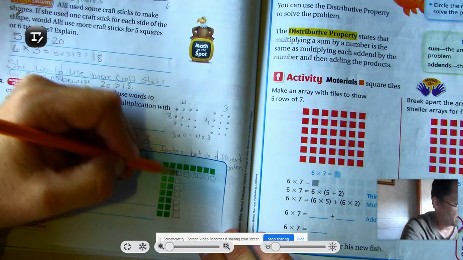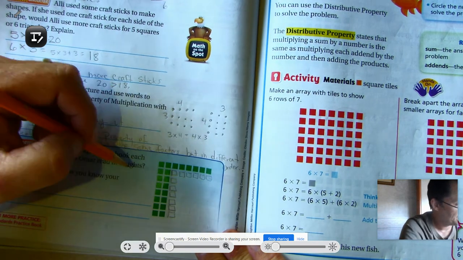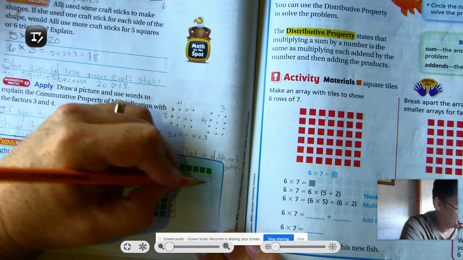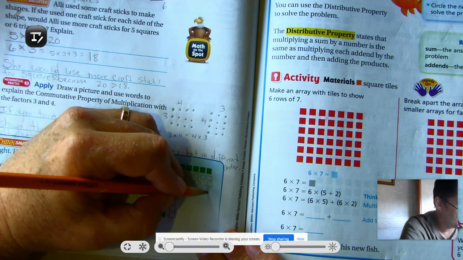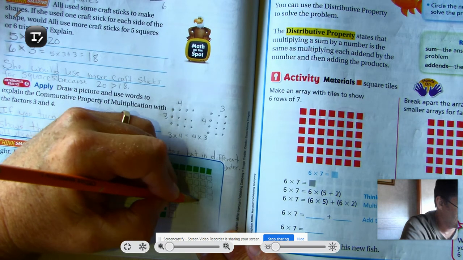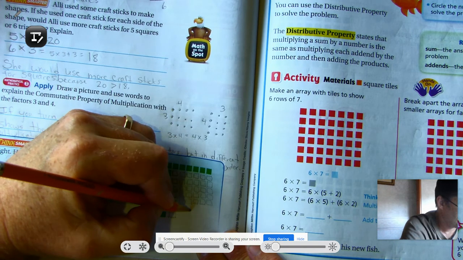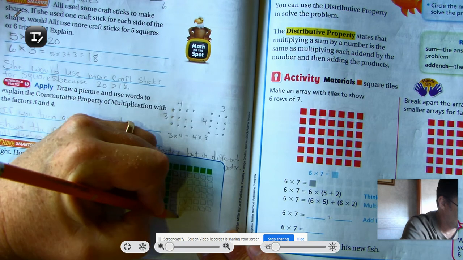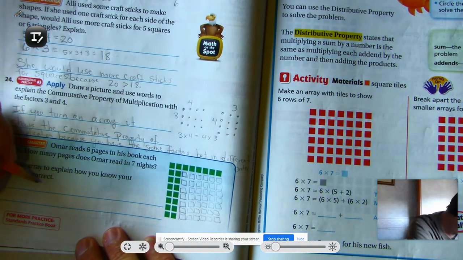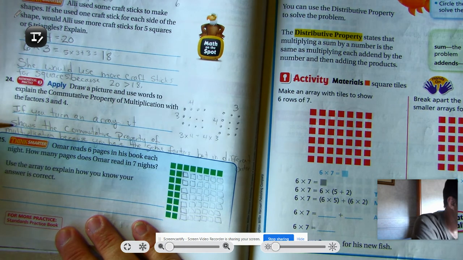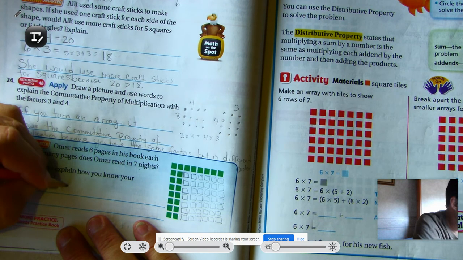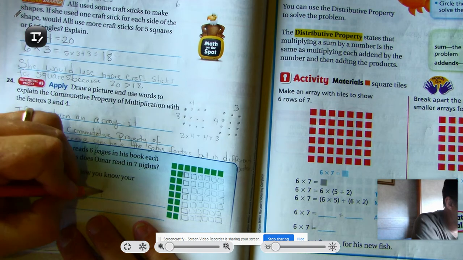Okay, so the 7 rows represent the 7 nights, and the 6 in each row represents the number of pages. 7 times 6 equals 7 times 5 plus 7, which is 42 pages.